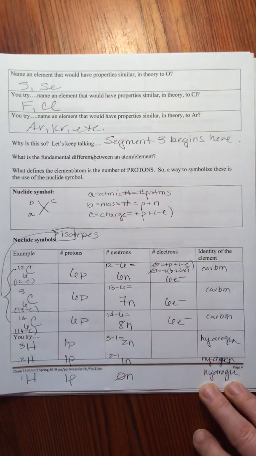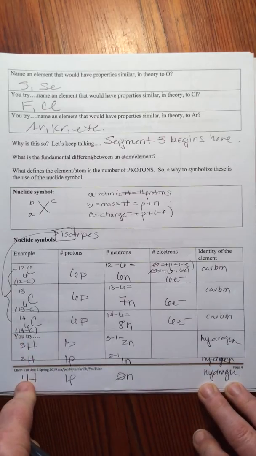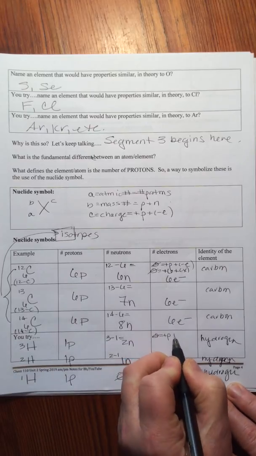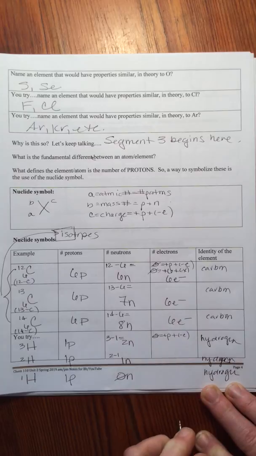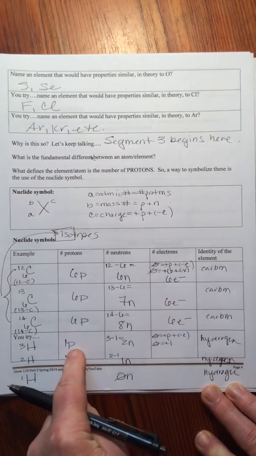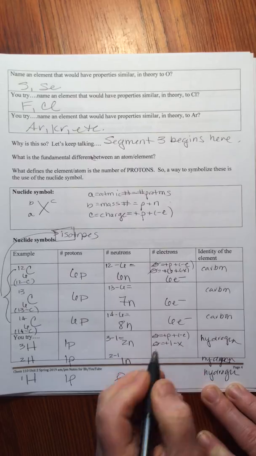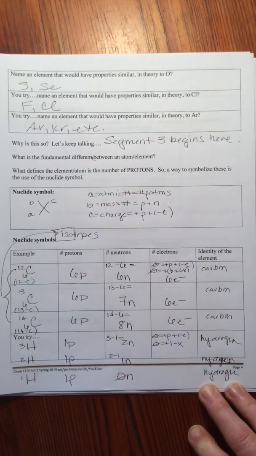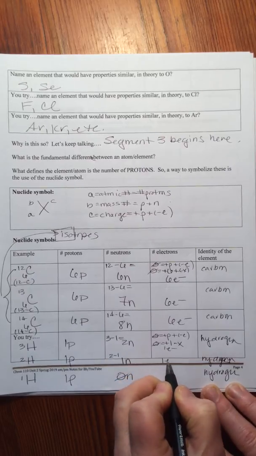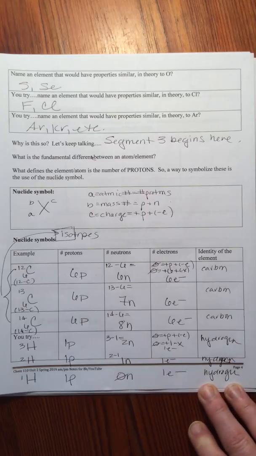The electrons, in either scenario, there's no charge. So 0 equals the number of protons plus the number of electrons, which are negative. 0 equals 1 positive for the proton, plus how many negatives do I need to make that 0? And the answer is that all of these will have 1 electron.